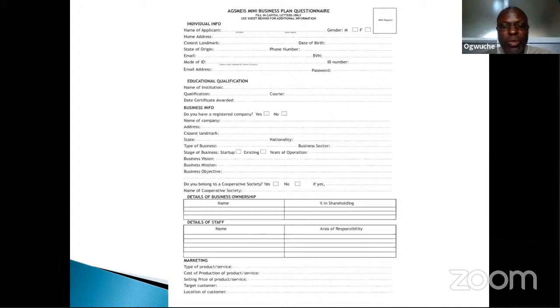Normally vision statements are written in a very futuristic manner that says to be this. So if you are starting a poultry business in Abuja, the FCT, and your whole vision, your whole larger picture is to become the largest poultry business in the FCT.